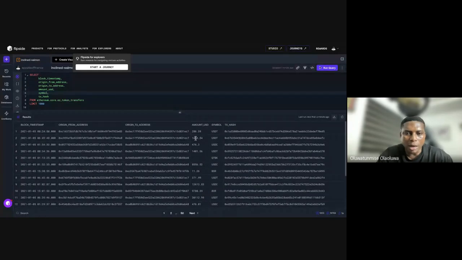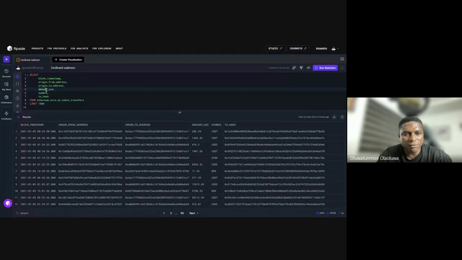Okay, let's see what we want to do here. So let's now say I need the sum of all these amounts, by symbols. Let's say I want to know which of these symbols are the most traded. So here's what I'm going to do.